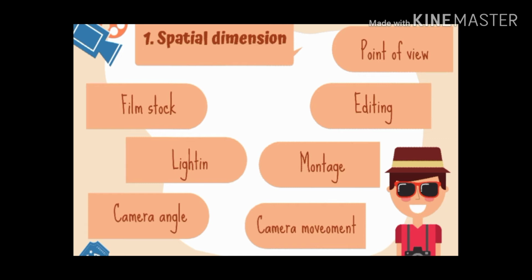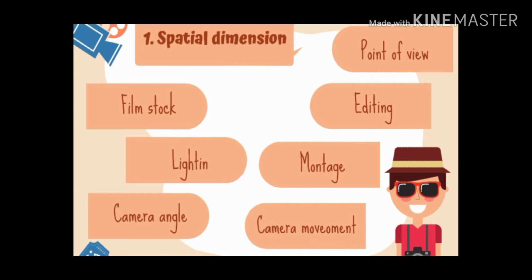The high-angle shot can make the subject look small or weak or vulnerable, while a low-angle shot is taken from below the subject and has the power to make the subject look powerful or threatening.